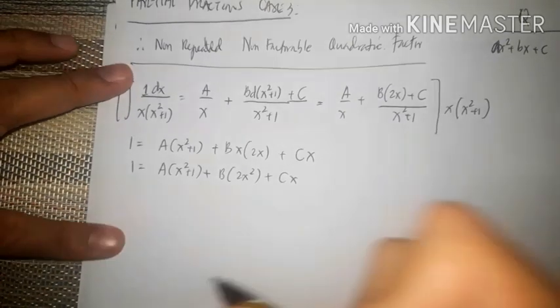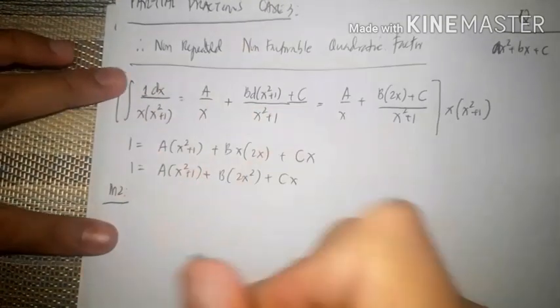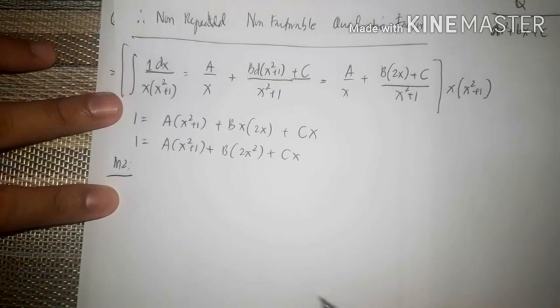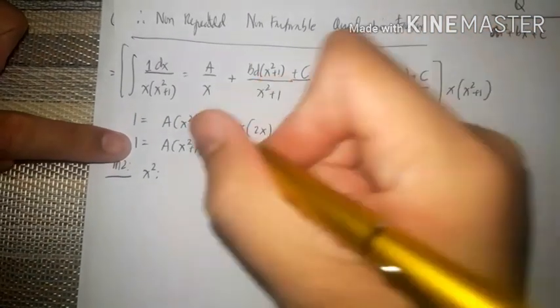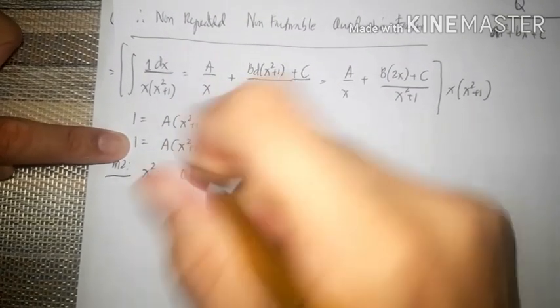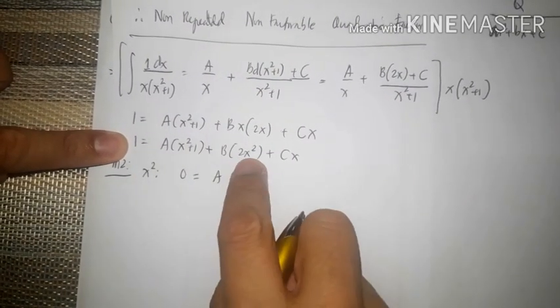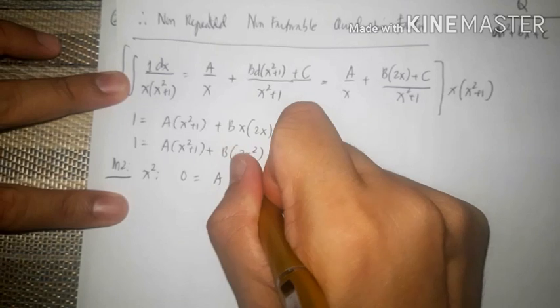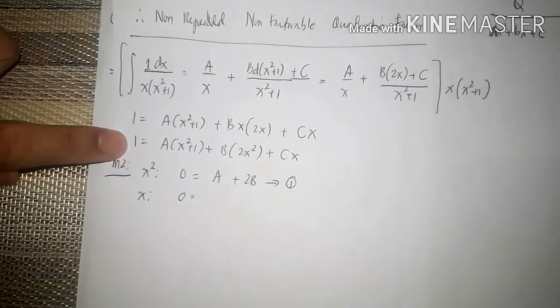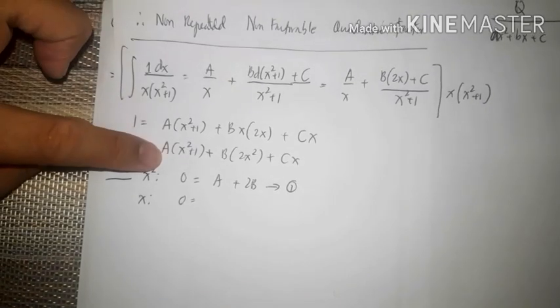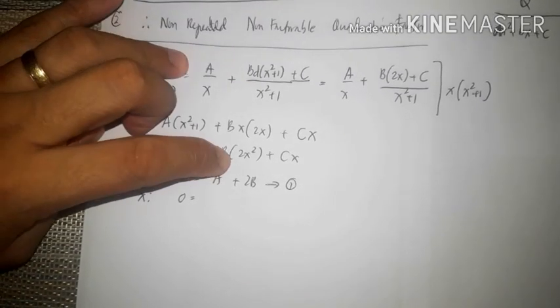So we can use method 2, equating coefficients. So using equating coefficient, the highest exponent appearing is x squared. So wala sa left side, so 0. You have 1 times a is a, you have 2 times b is 2b. Equation 1. For x, wala sa left side, so wala kay a, wala kay b, and then c.